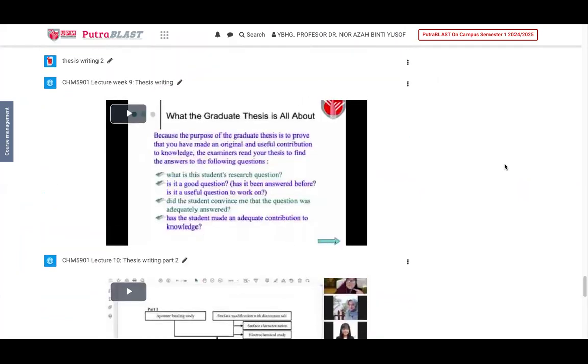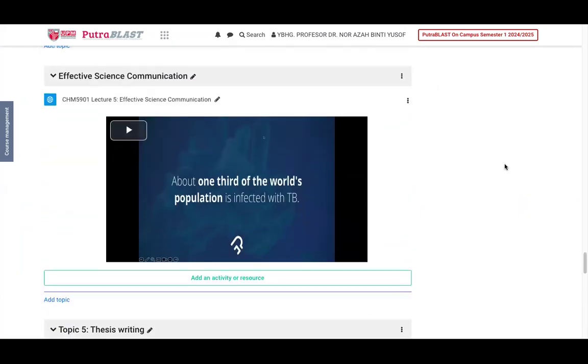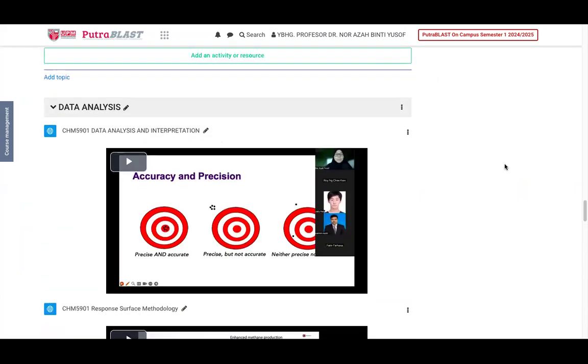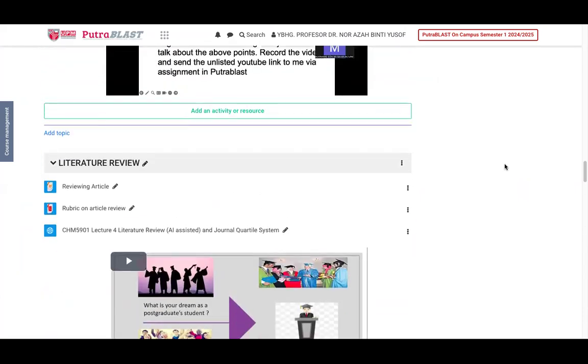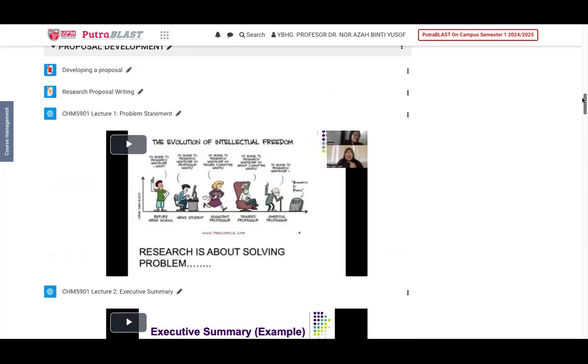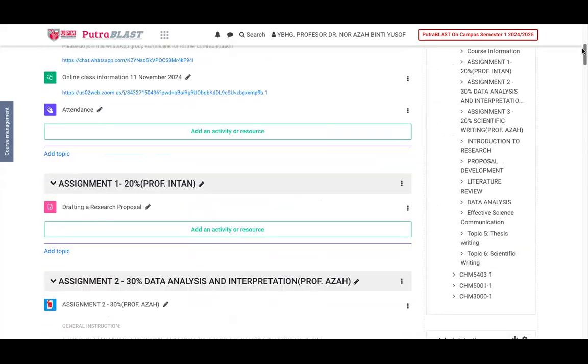But what I would like to highlight here is about the second assignment. Right. So the first assignment, because I know that some of you joined the class very late, I hope that everybody has settled this with Prof. Intan.